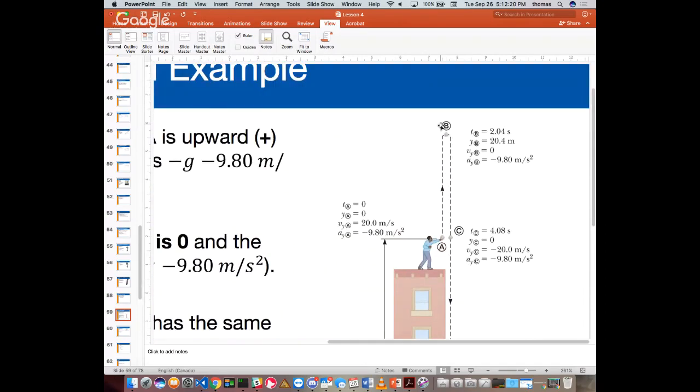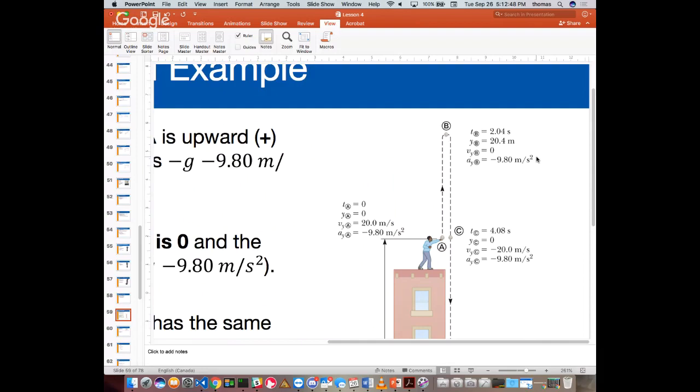It's going to come up until my velocity reaches 0, because it's going to continue to decelerate. Why? Because we have motion in different directions. I have a velocity going upwards and a negative acceleration going downwards, which means I'm going to be decelerating. Sorry to use that word. My velocity is decreasing every time tick, until it becomes 0, and then it's going to reverse direction and come back down.